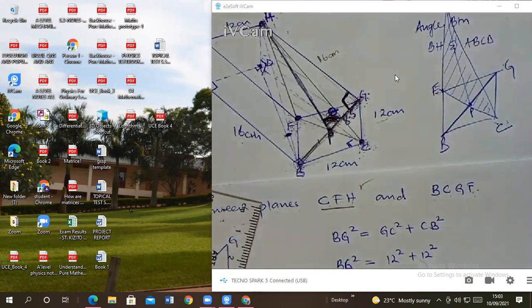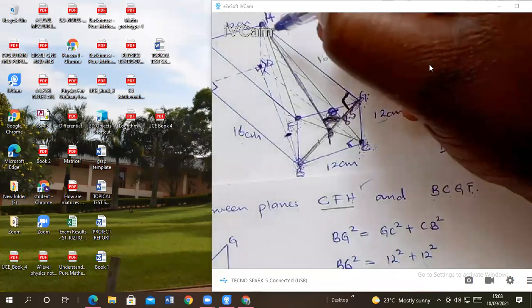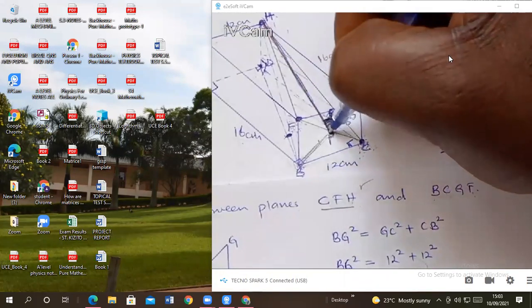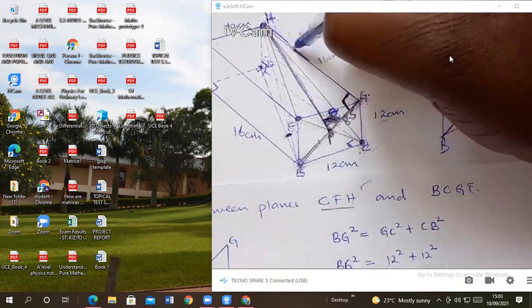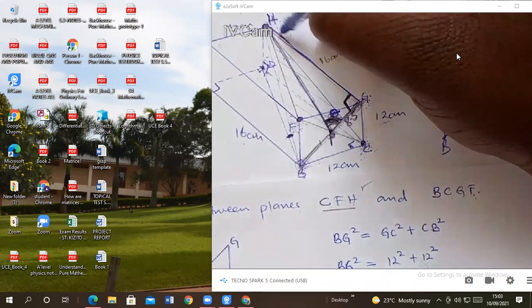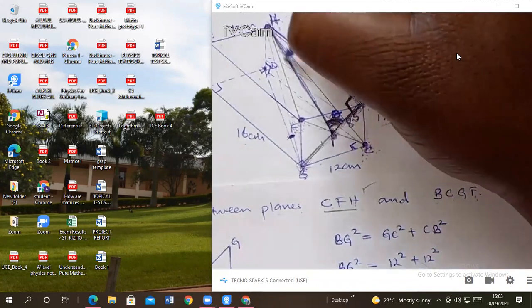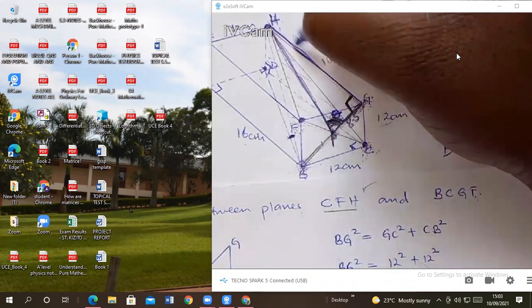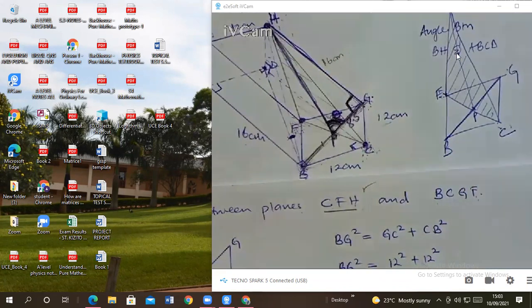Are we together? Yes. So now what we are going to do is we are going to use this triangle here, PGH, this one.